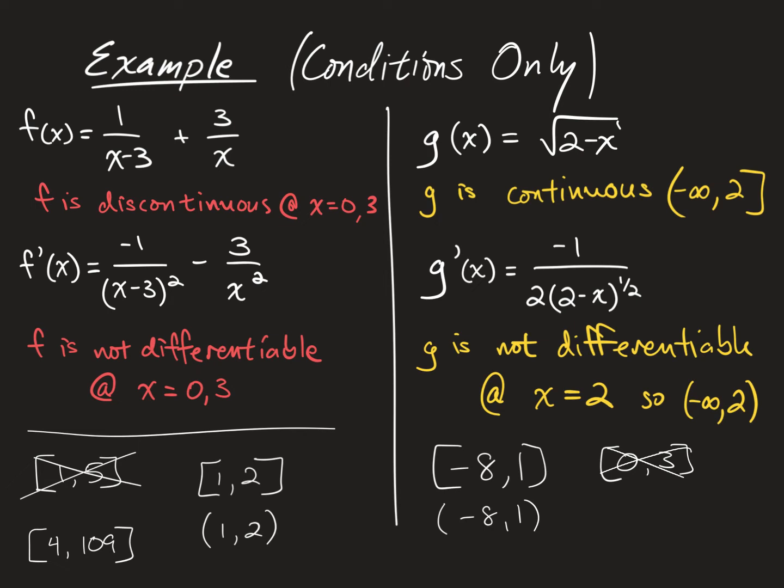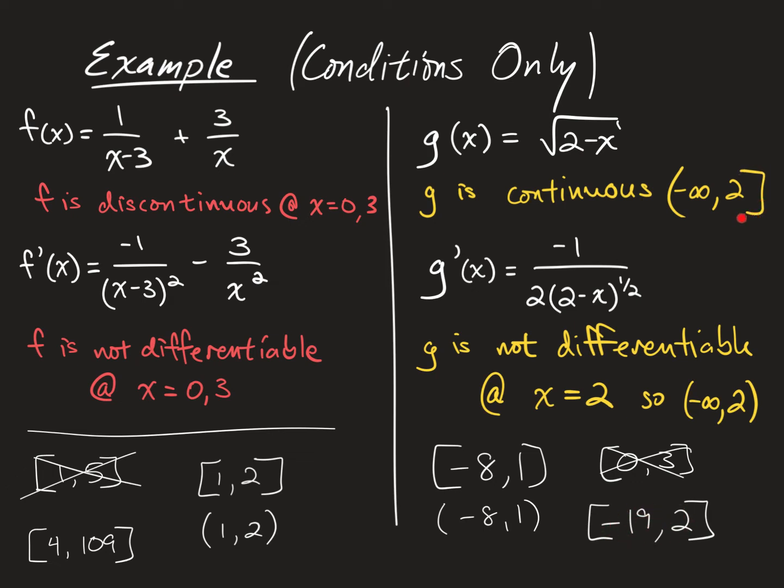But what if we tried to make an interval include 2? Let's say negative 19 to 2. Will this interval be allowed when we do the mean value theorem? And the answer is yes. Yes, this interval can be used because the function will still be continuous from negative 19 to 2.